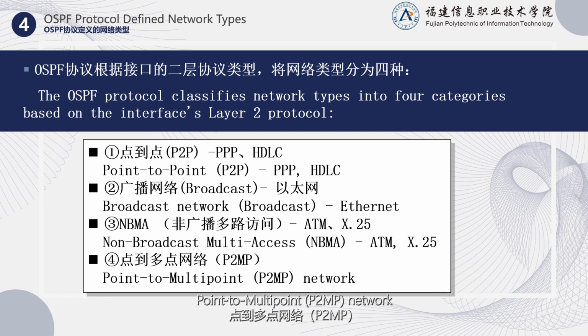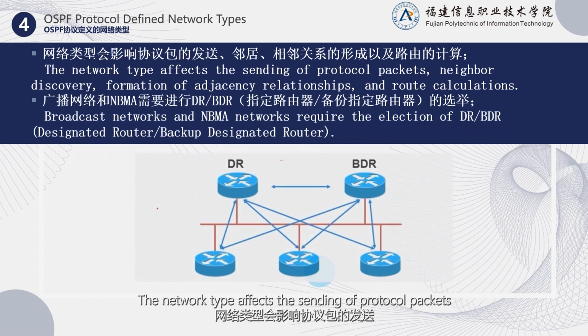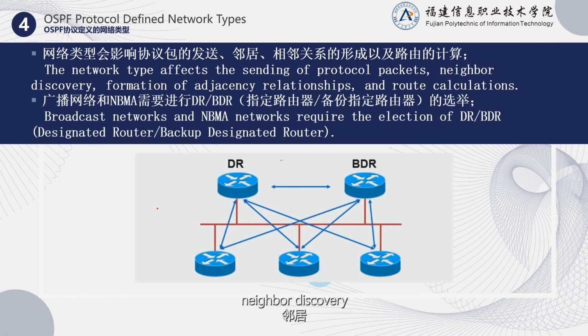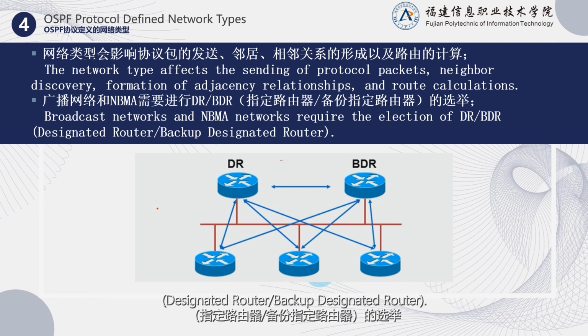Point-to-multipoint, P2MP, network. The network type affects the sending of protocol packets, neighbor discovery, formation of adjacency relationships, and route calculations. Broadcast networks and NBMA networks require the election of DR, BDR, designated router, backup designated router.